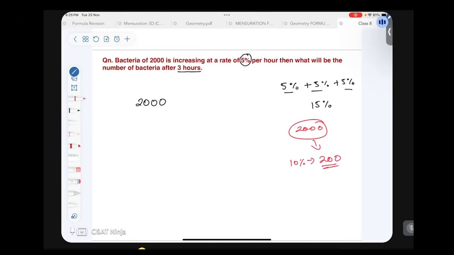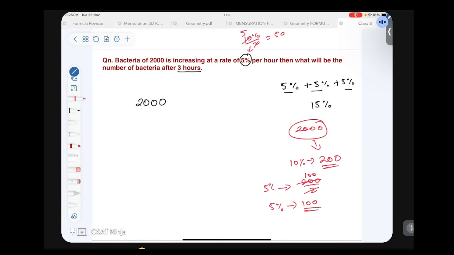How can we convert from 10% to 5%? If I divide this 10% by 2, I'll get 5%. So I'll divide this 10% by 2, which gives me 5%. 5% is 100. So the 5% is 100.